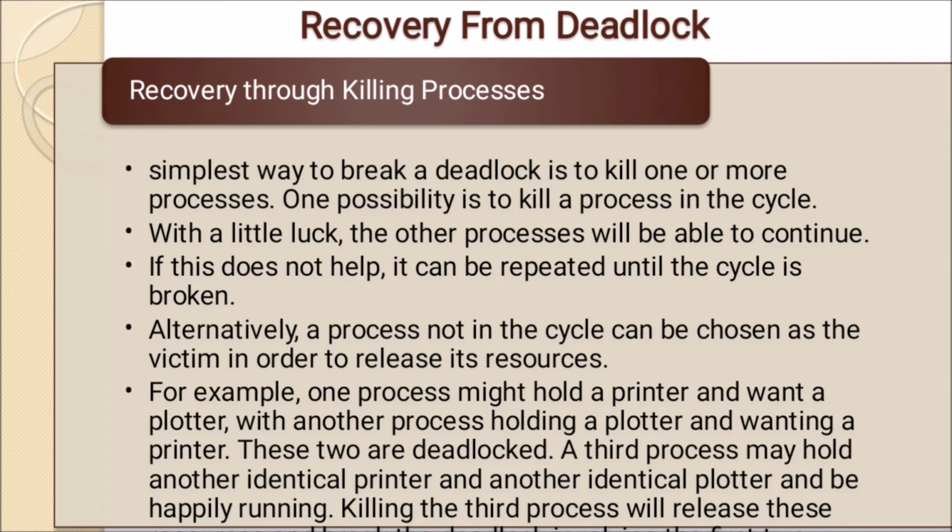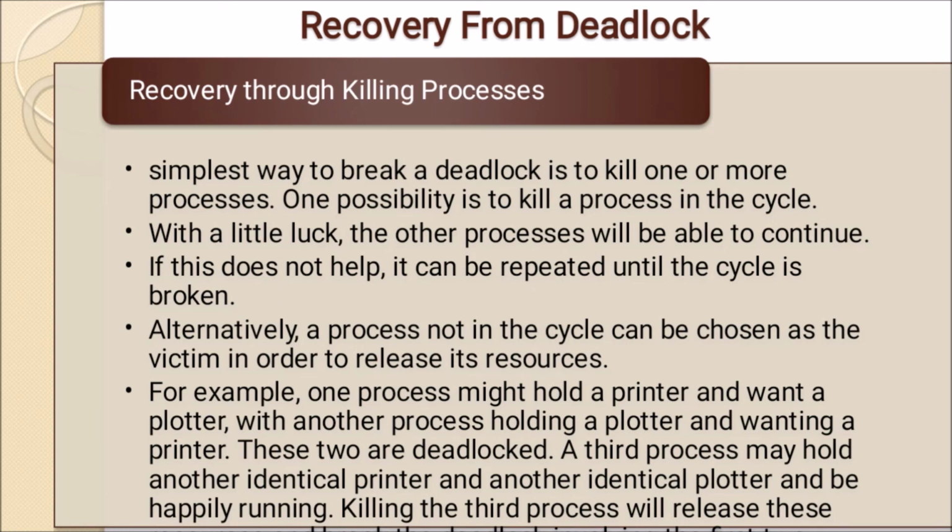One possibility is to kill a process in the cycle. With a little luck, the other processes will be able to continue. If this does not help, it can be repeated until the cycle is broken. Alternatively, a process not in the cycle can be chosen as the victim in order to release its resources.